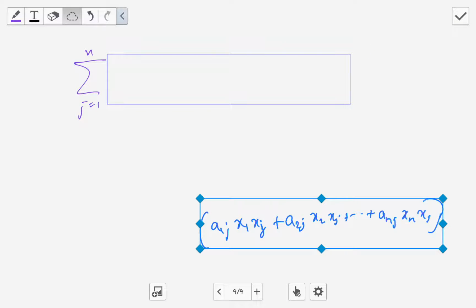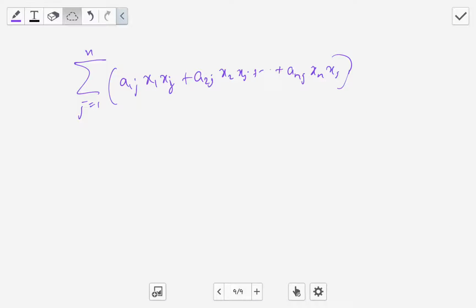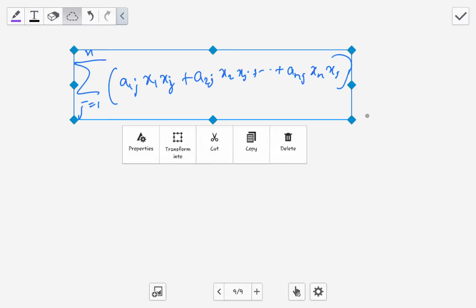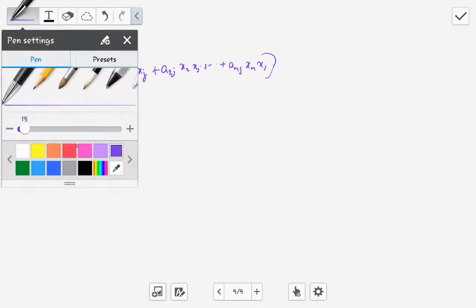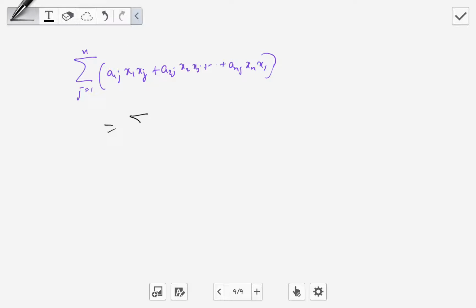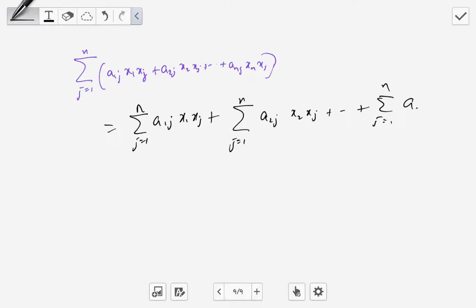This one, right? Now this is equivalent to what? Each of them expanded, which is the sum expanded on each: sigma j from 1 to n a1j x1 xj plus sigma j from 1 to n a2j x2 xj plus so on up to sigma j is equal to 1 to n anj xn xj.